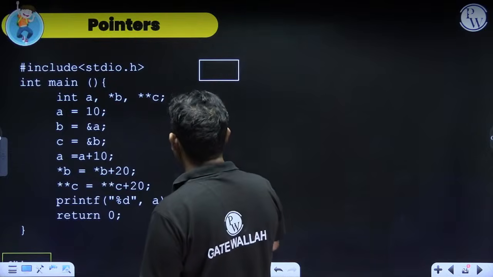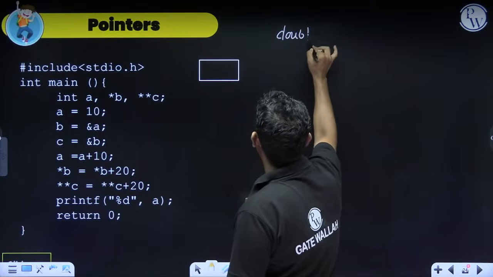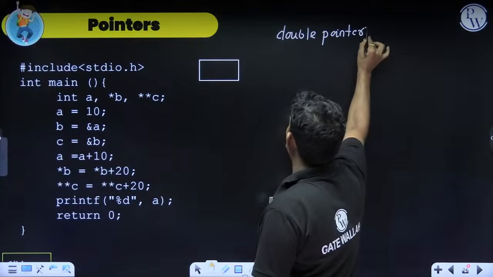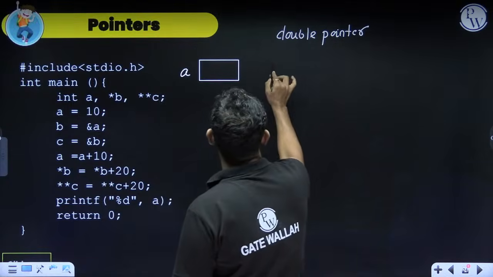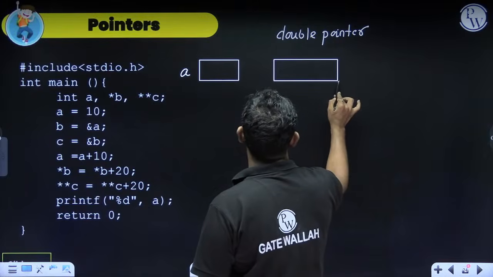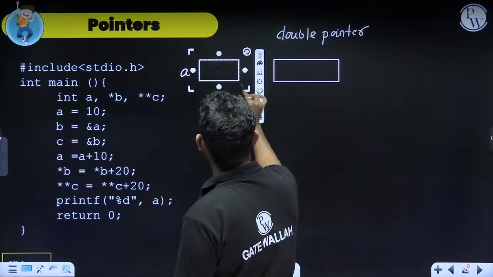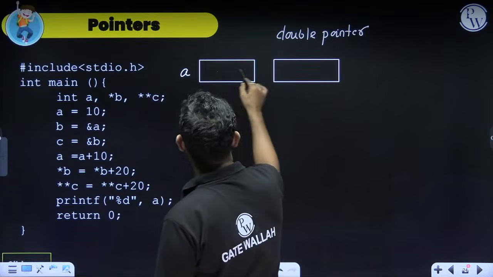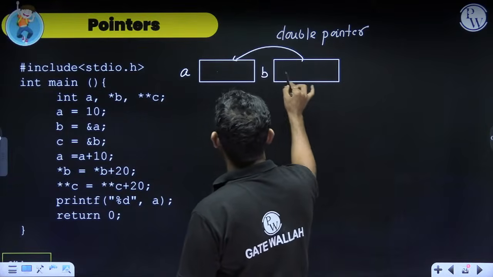Now let's come to the double pointer, double trouble. Then we have a single pointer, dereference B. A, B: B is a pointer and it is having the address over here.